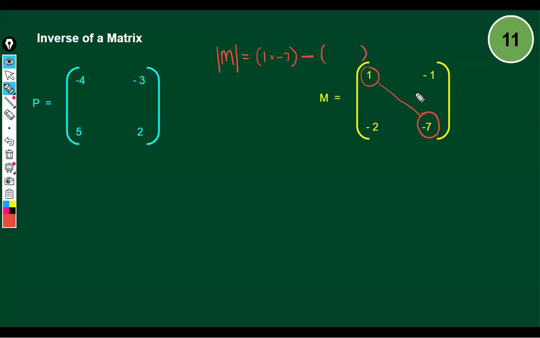And then you multiply the less important diagonal, minus 2 by minus 1. 1 by minus 7 is minus 7. Minus 2 by 1 is 2. Well, 2 minuses make a positive. So you end up with minus 7 minus 2. I'm getting minus 9. So we all agree that the determinant is minus 9. Not positive 9, minus 9.